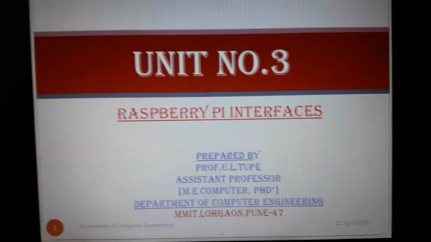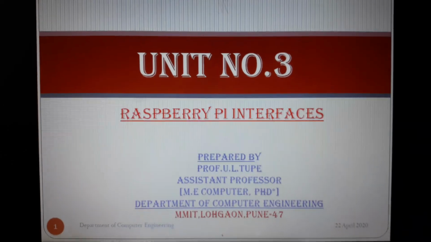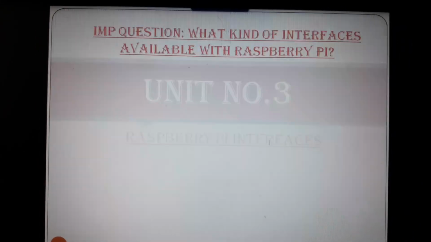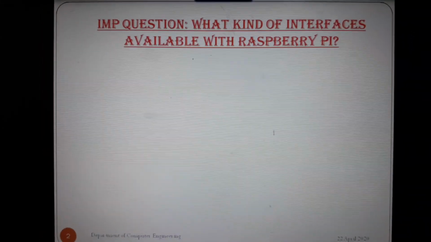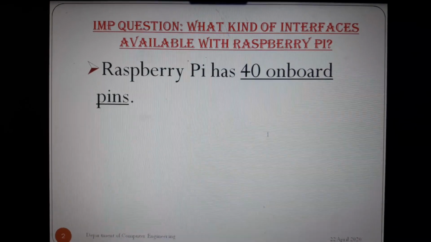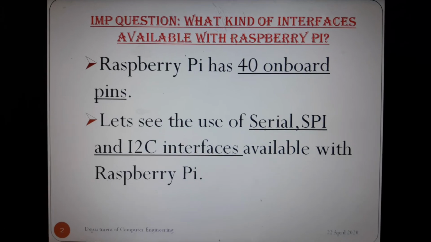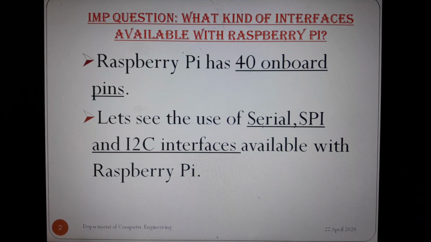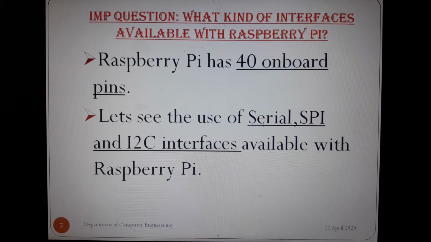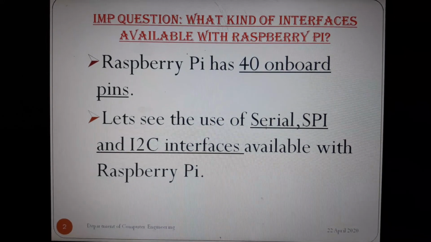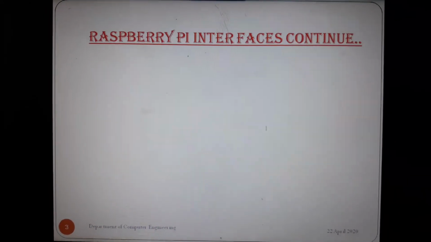Now we will see the interfaces for the Raspberry Pi. So already we have seen Raspberry Pi has 40 onboard pins. Let's see the use of serial, SPI and I2C interfaces available with the Raspberry Pi.